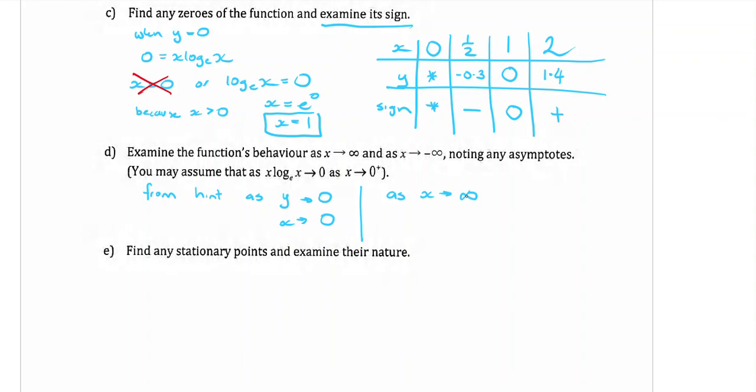An exponential takes over because it increases super fast, but a logarithm starts coming up really slowly. The further you go out, it's barely increasing at all. So when you're multiplying it with x, and x is approaching infinity, that x out the front has all the control. It's doing all the work. So if x is approaching infinity, x log e of x is approaching infinity as well, so the y value is approaching infinity.